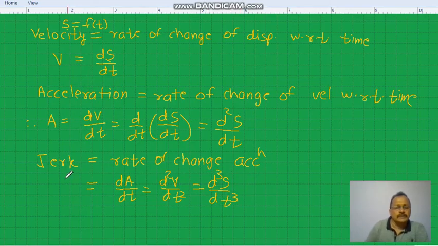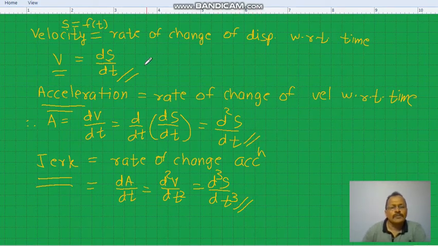This is the formula for jerk. Acceleration is d2s by dt square and velocity is ds by dt. Some problems are given in the solved problems textbooks, but no problem is given in the exercises. Therefore I have skipped taking the problems on these 3 formulae.